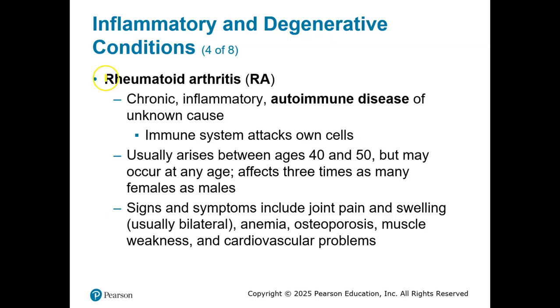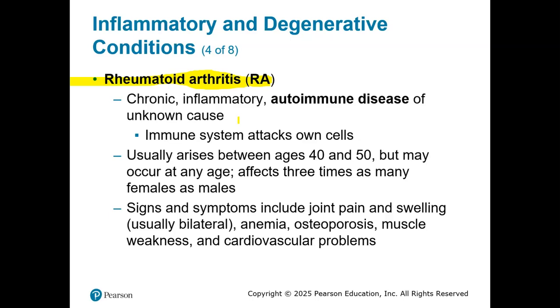Rheumatoid arthritis is different. It is the one, like if you see someone who's got some deformity because of their arthritis, it will actually cause deformity of their joints. So it's chronic, it's inflammatory, and it's actually an autoimmune disease.